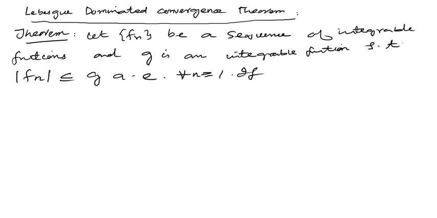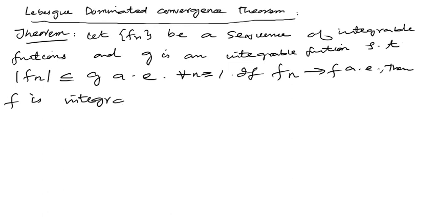Now suppose the sequence Fn converges to F almost everywhere, then F is integrable, and the limit of the integral is equal to the integral of the limit function.